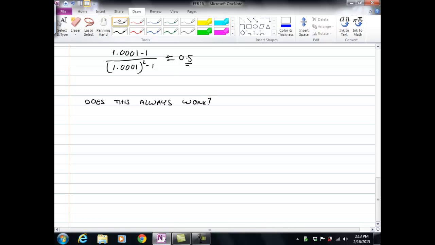It's going to say limit as x approaches 0 of cos of pi over x. Wow.